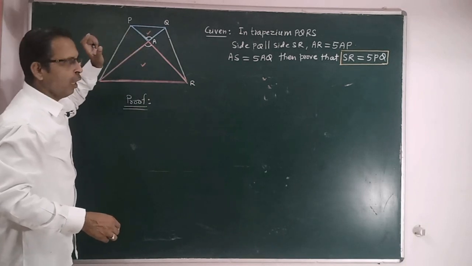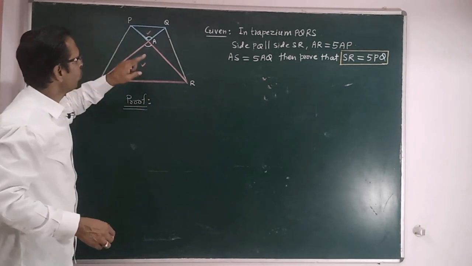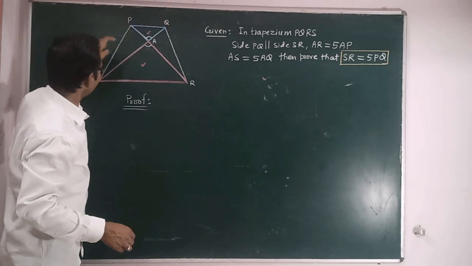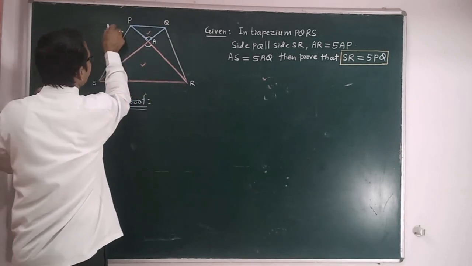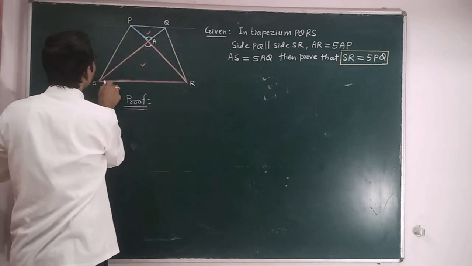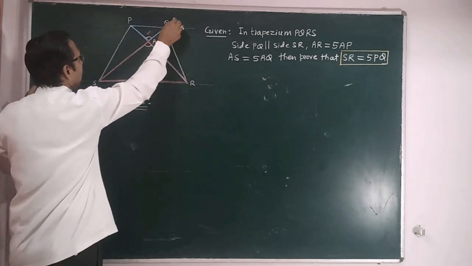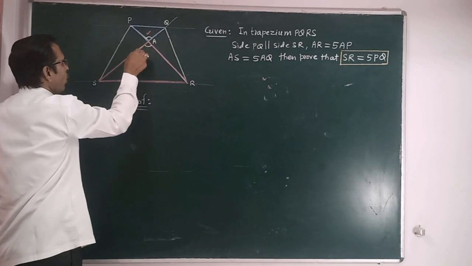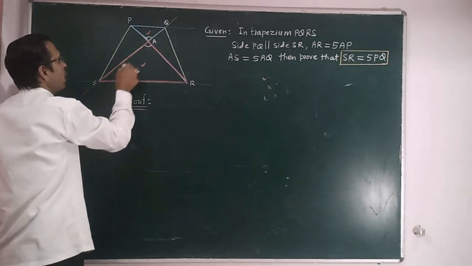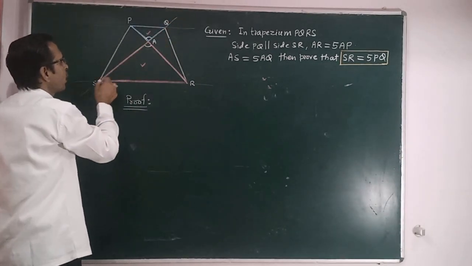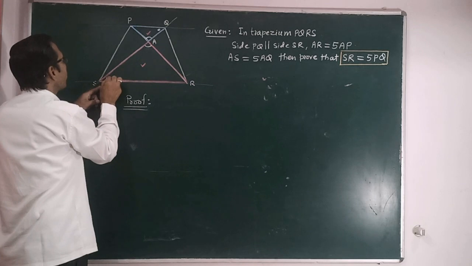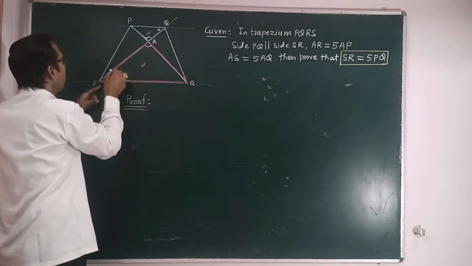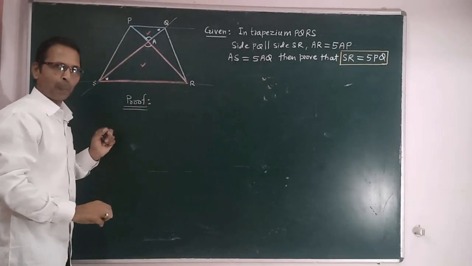Secondly, we are given that PQ is parallel to SR. When these two lines are parallel, and SQ is a transversal, that's why this angle, that is PQA, is congruent with ASR.